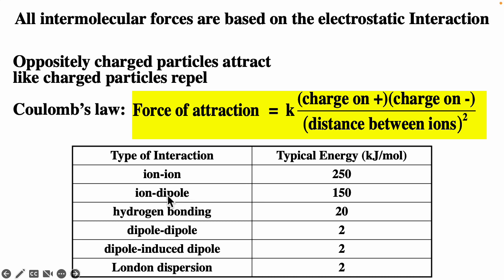Ion-dipole, the dipole moment is not going to be a full charge, and so it's a little bit weaker. Hydrogen bonding is a special form of dipole-dipole, which is stronger than dipole-dipole. And then you have dipole-induced dipole, and then dispersion, which are all relatively weak.